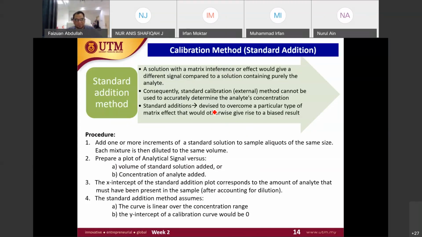We divide the sample itself into 5 different containers. Okay, 5 different flasks.